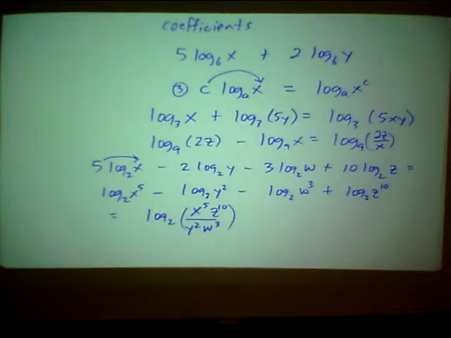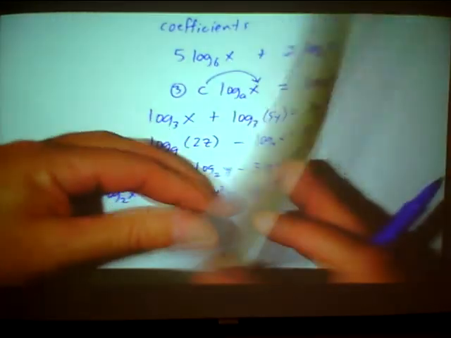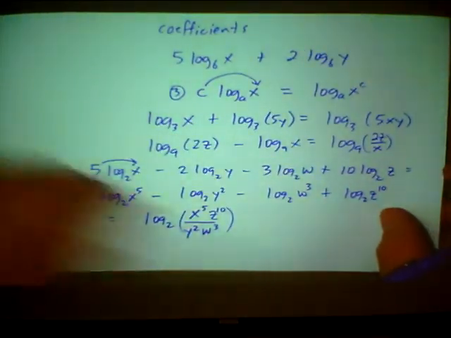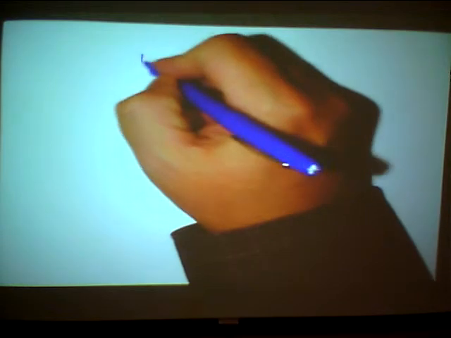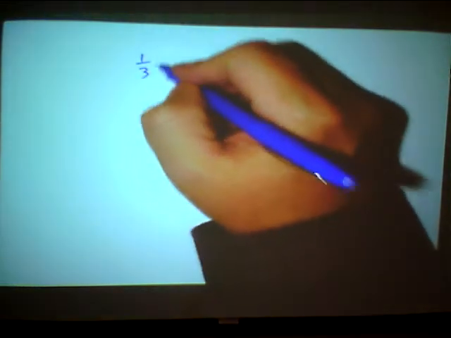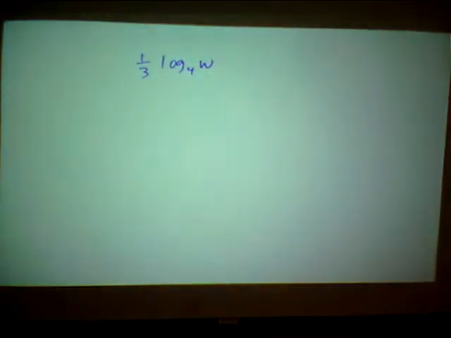Now let's talk about one more twist. Sometimes your coefficient, in this previous example, the coefficients were all nice sort of integers, but that's not always the case. For example, you might have a log like this, 1/3 log base 4 of w.